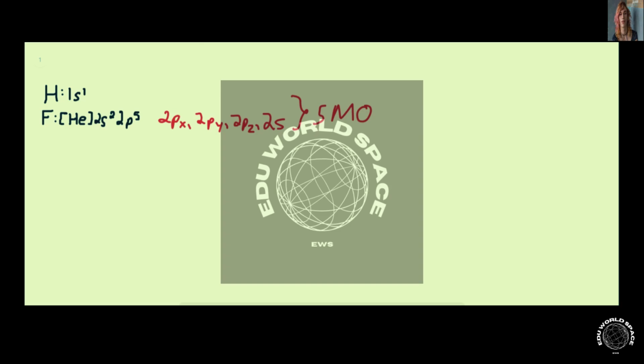Now, for B, how many of the molecular orbitals from part A would be occupied by electrons? Hydrogen has 1 valence electron, while fluorine has 7 valence electrons.